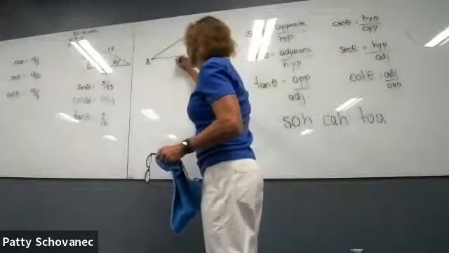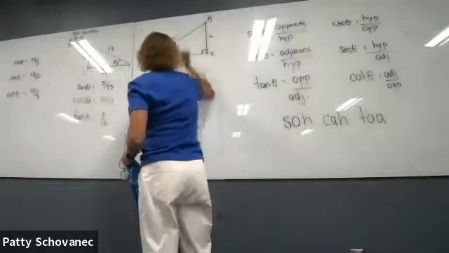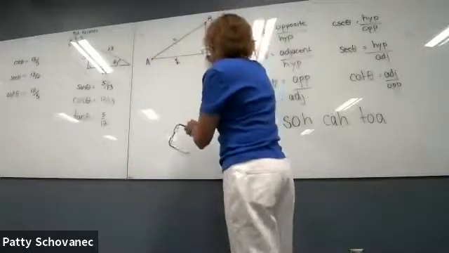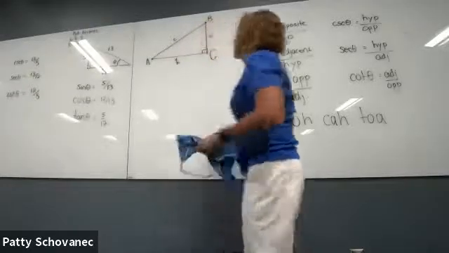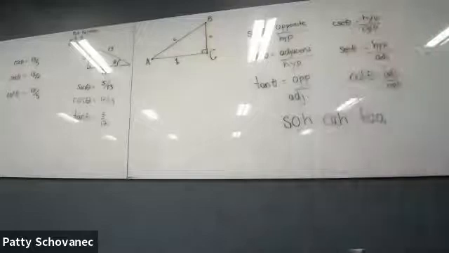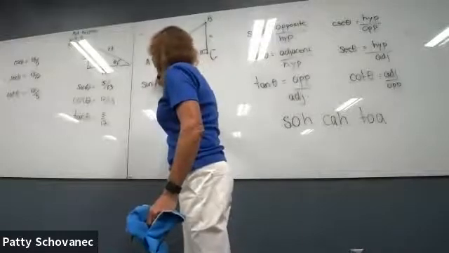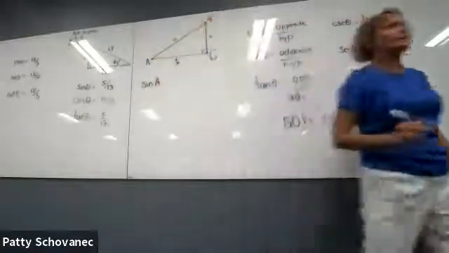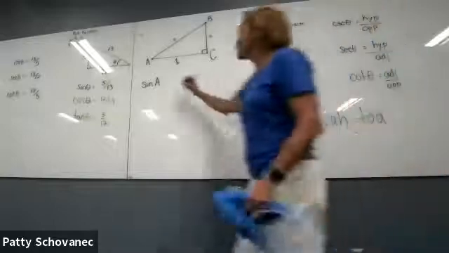Put a little b as the side opposite angle B and a lowercase c opposite vertex C. So to make vertex C look more capitalized, I'll put these little thingies on the capital C. So if I say the sine of the angle at vertex A, in terms of the lowercase letters a, b, and c, what would it be? A over C.